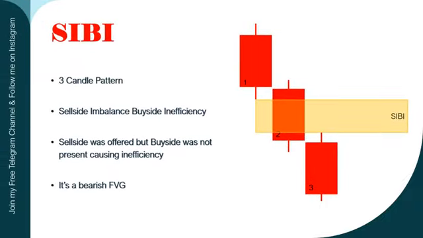All right, and the next fair value gap that we can talk about is the CB. So this is just the opposite of a BC, as you can tell here. This is just sell side imbalance and buy side inefficiency. In this case, sell side was offered, but buy side was not present, causing inefficiency.